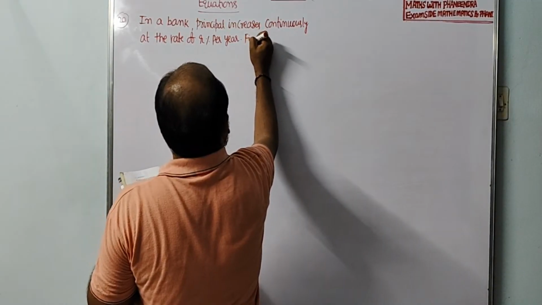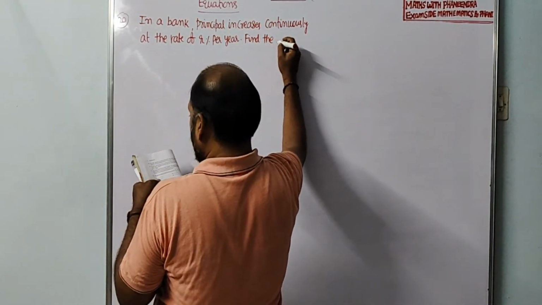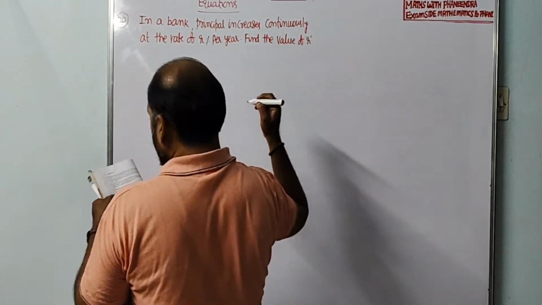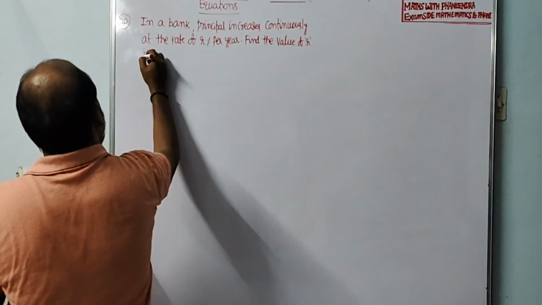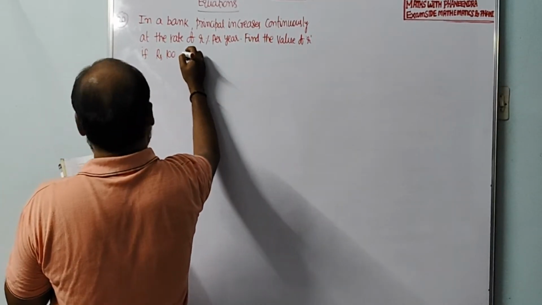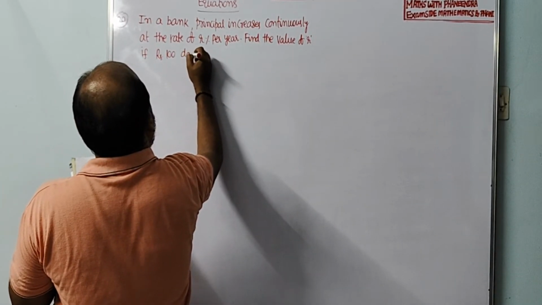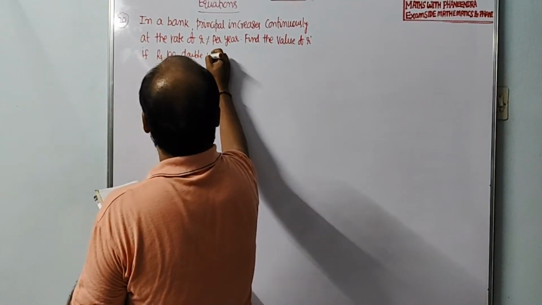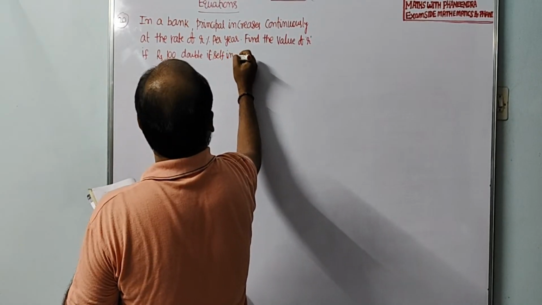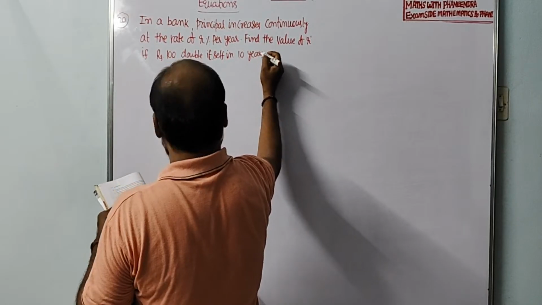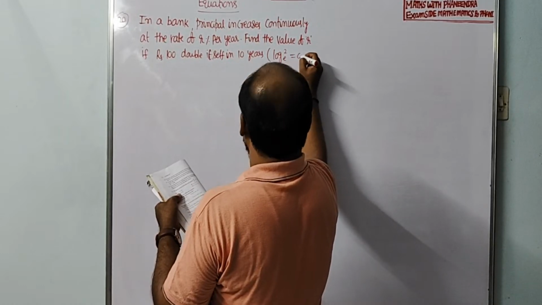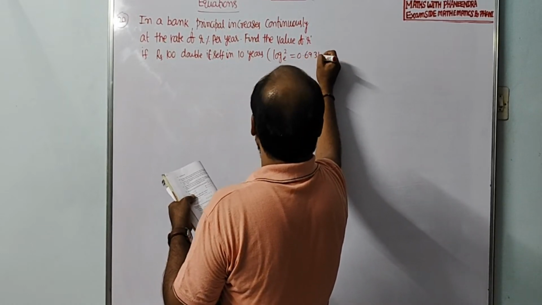Find the value of R if 100 rupees double itself in 10 years, when it is given log 2 to the base e equal to 0.6931.